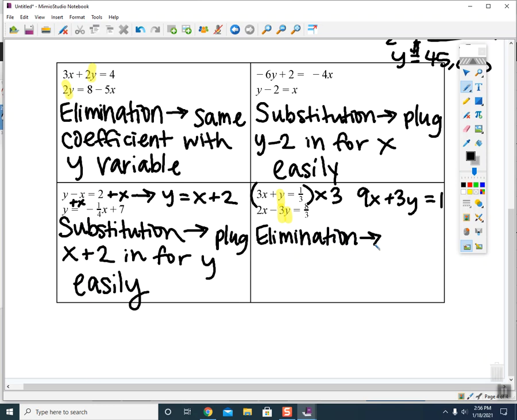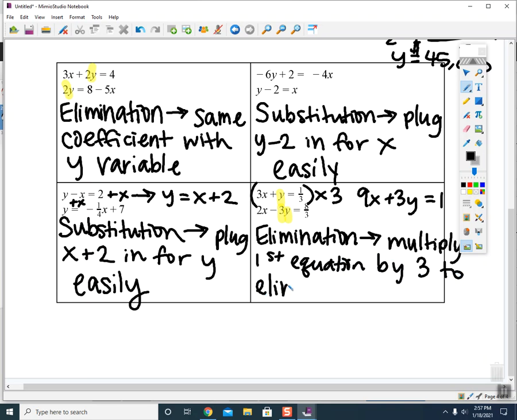Right? I would multiply the first equation by 3 to eliminate the y variable.